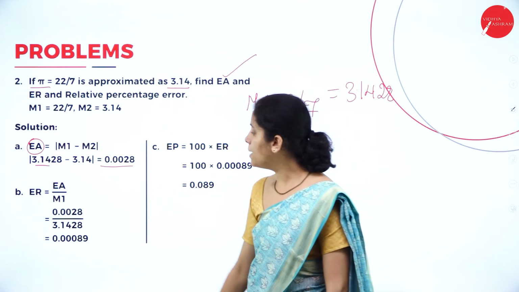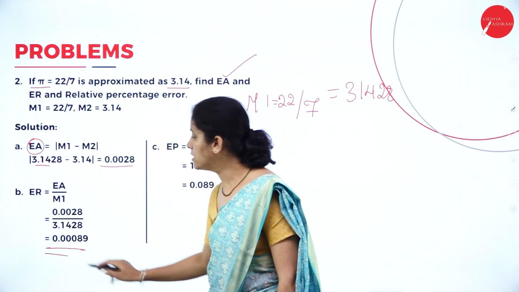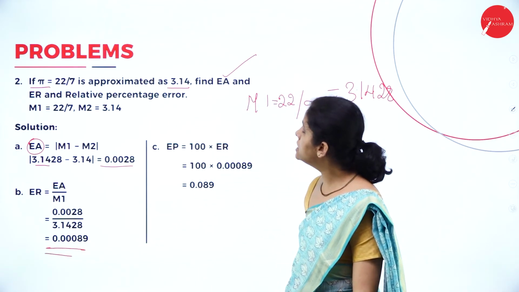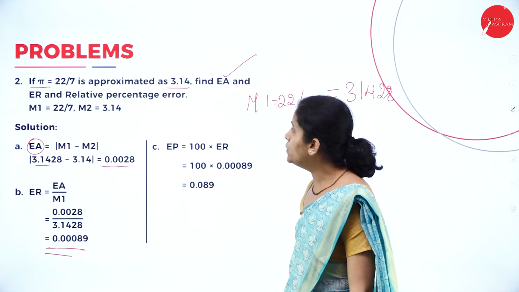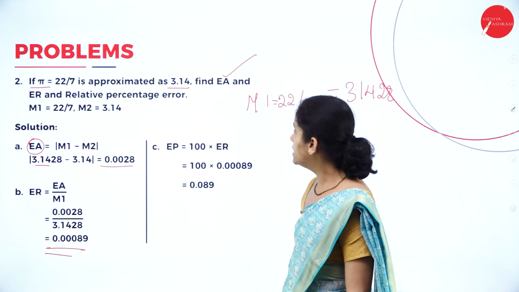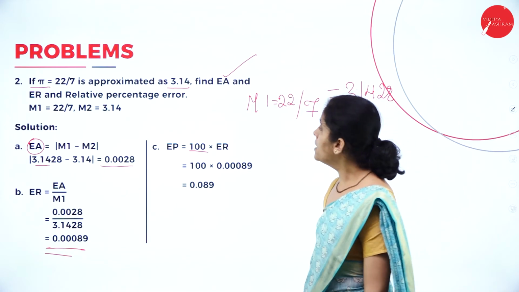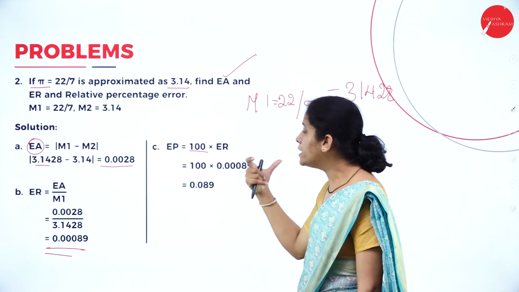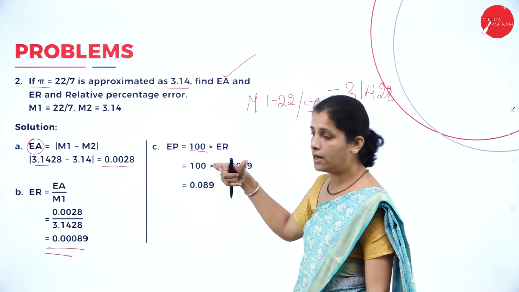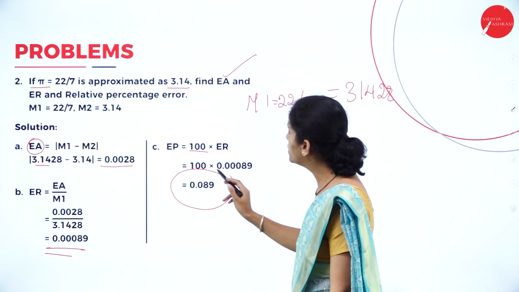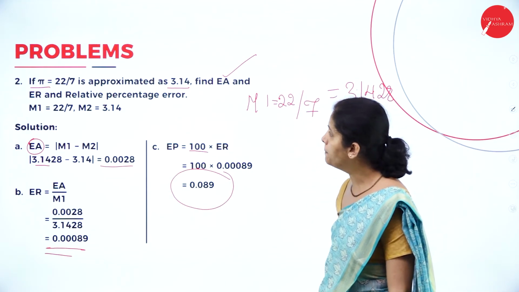When I divide, I'm going to get this result. Then what is the relative percentage error? That is 100 into ER. When I multiply relative error with 100, whatever value I get is my relative percentage error.